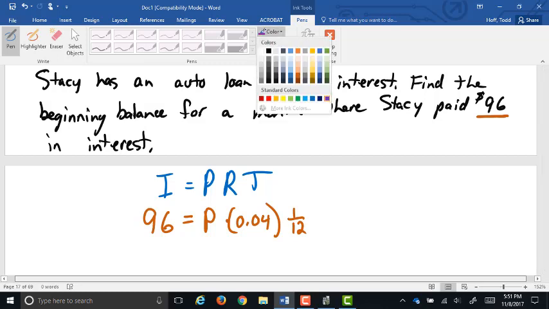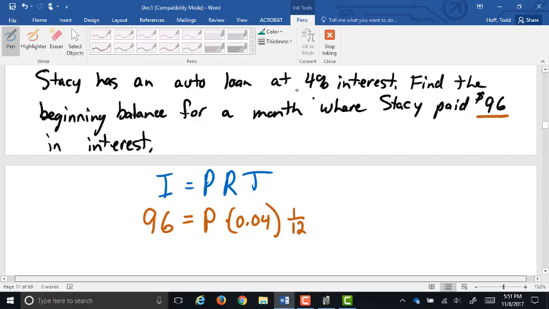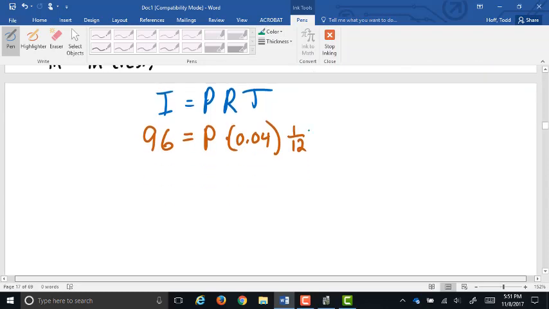Now, to make this work, we're going to have to do some fancy calculator work. Otherwise, we get some round off errors. So now this is just an equation that we know how to solve. But before we start to solve it, we have to combine anything we can combine on either side. We can multiply the 0.04 times 1/12. What is 0.04 times 1/12?